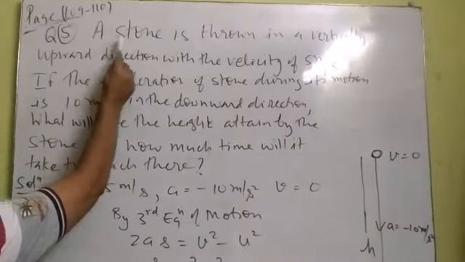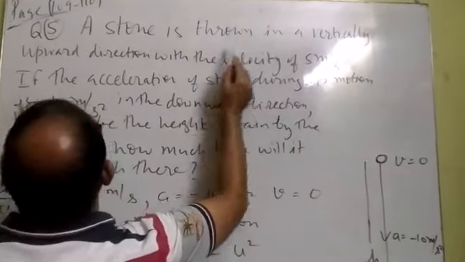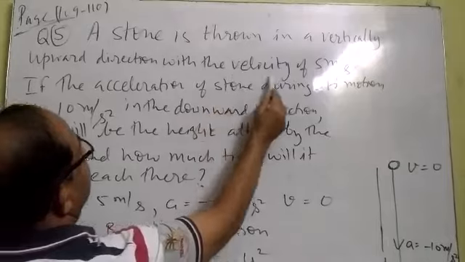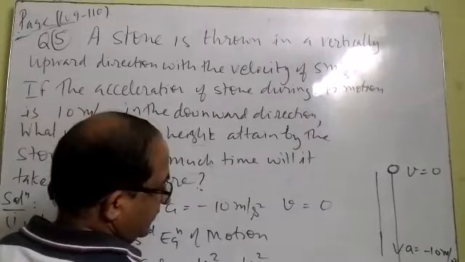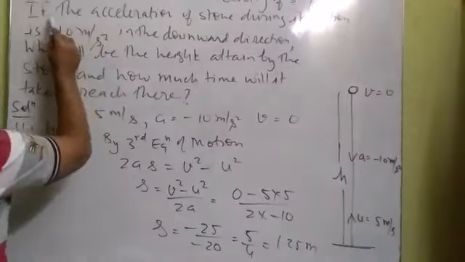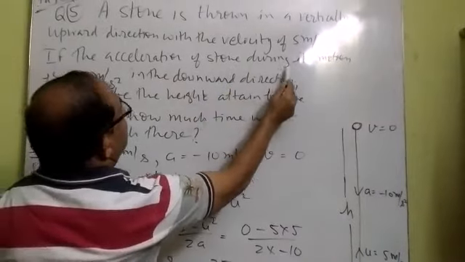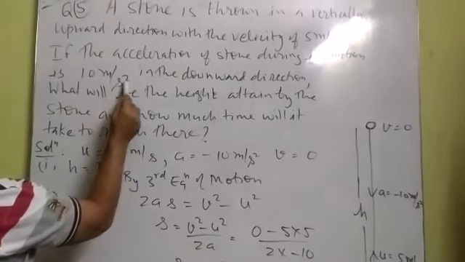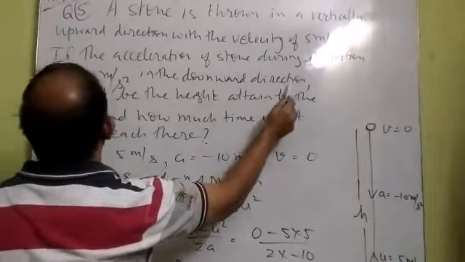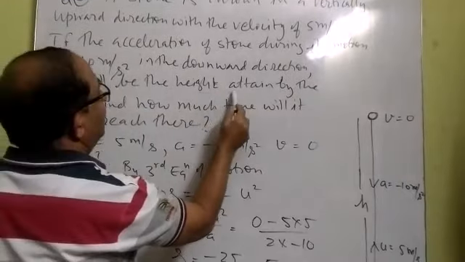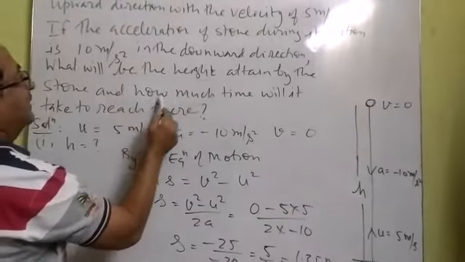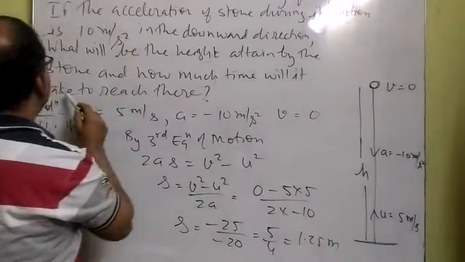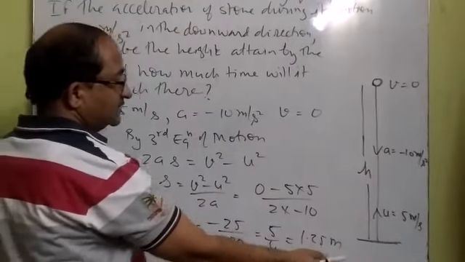Last question 5. A stone is thrown in a vertically upward direction with a velocity of 5 meter per second. If the acceleration of the stone during its motion is 10 meter per second square in the downward direction, what will be the height attained by the stone and how much time will it take to reach there? Just see the picture.